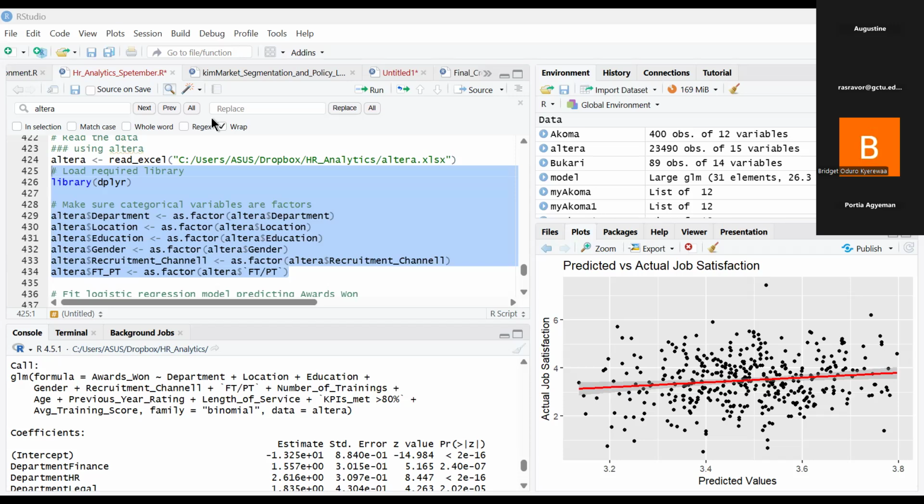Okay, when you ran the command I gave you, did you encounter any challenge?